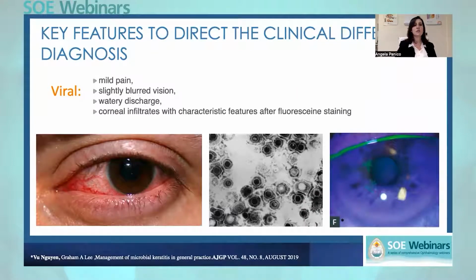Now let's see key features to direct the clinical differential diagnosis. In case of a viral keratitis, the pain is mild, the vision is slightly blurred, the discharge is watery, and the infiltrates of the cornea have the characteristic arborescent features after fluorescein staining.